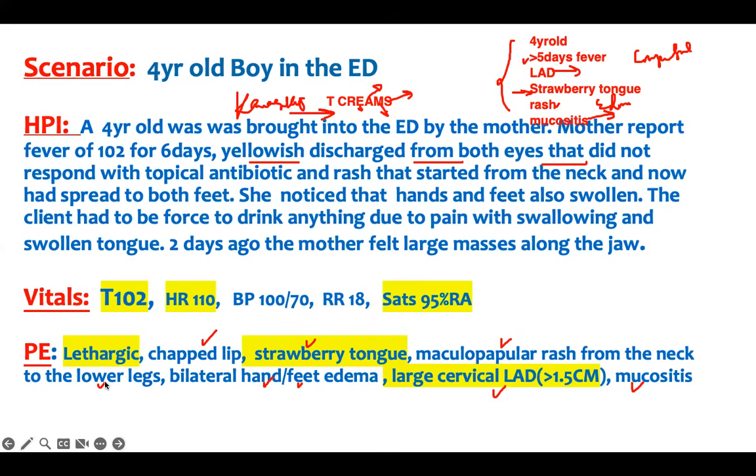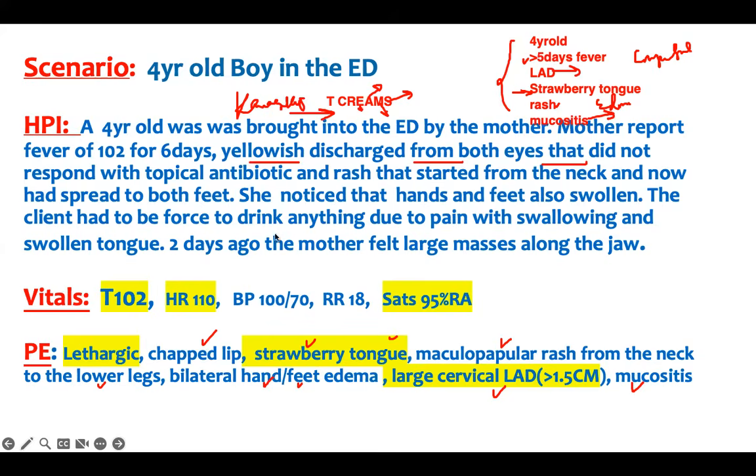This is the way I want you to break down the question. Spend some time and say, okay, this is what I have. I know Kawasaki. I know what is expected of Kawasaki. And then you'll be able to answer the question. The knowledge for Kawasaki: because of the swollen tongue, they can't drink anything.